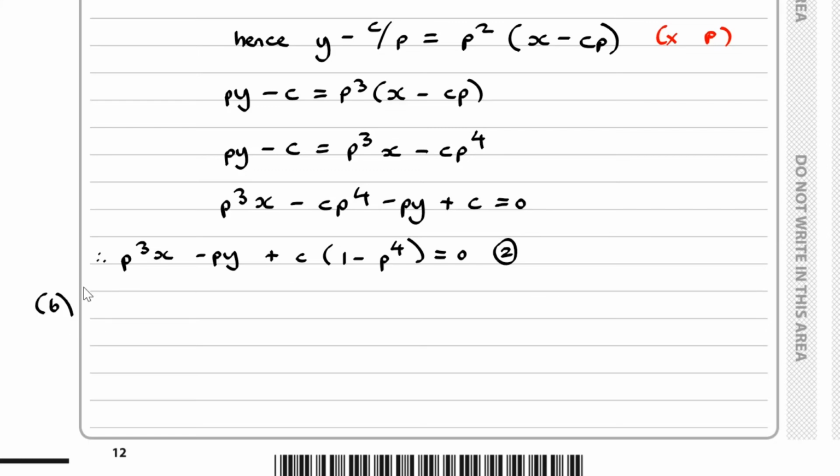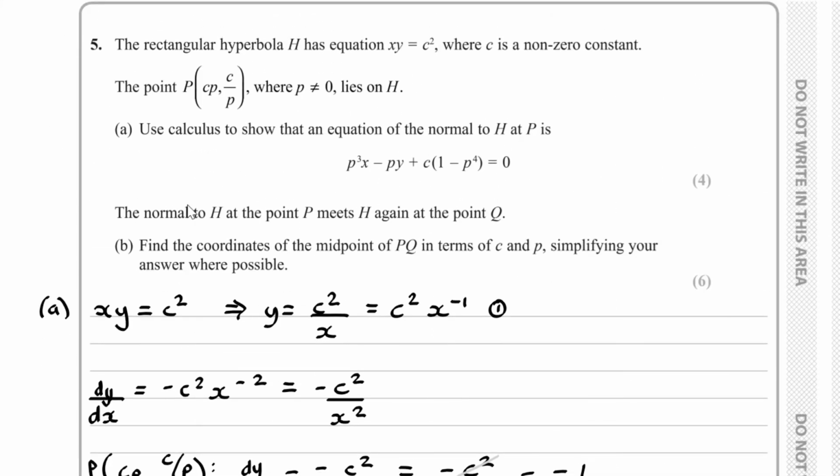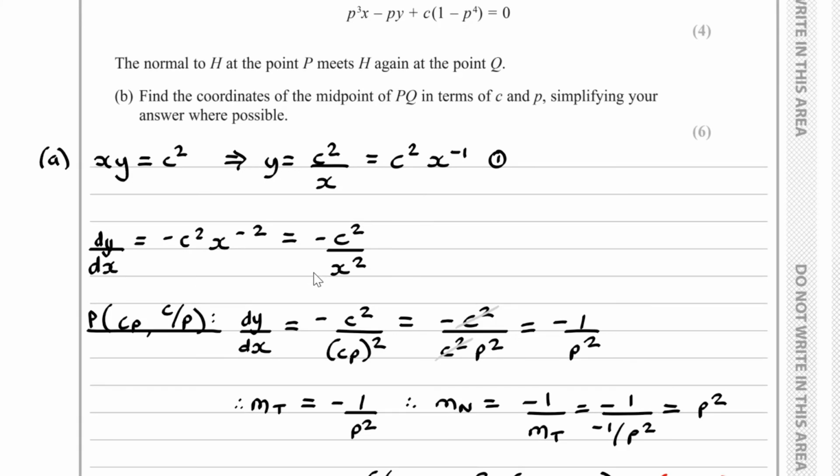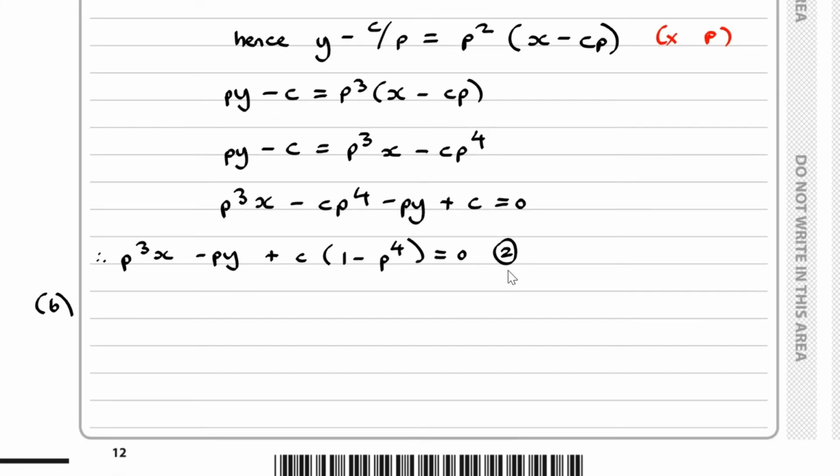And now for part B, the normal to h at the point P meets h again at the point Q. We have to find the coordinates of the midpoint of PQ in terms of c and p, simplifying your answer where possible. So what we now need to do is solve equation 1 over here with equation 2 over here simultaneously.